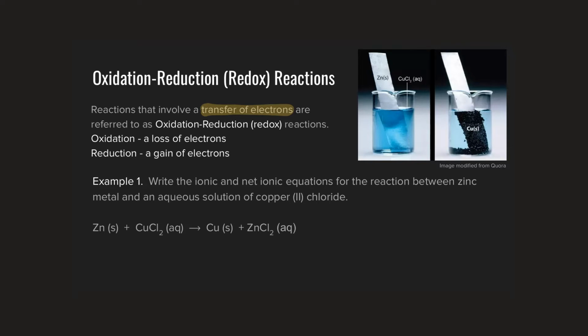Now, because electrons are particles that are essentially conserved in chemical reactions, we don't see electrons created or destroyed during these chemical changes. So really, redox reactions happen in tandem. That is, if one thing is oxidized and gives up its electrons, something else is going to be reduced as it gains those electrons.